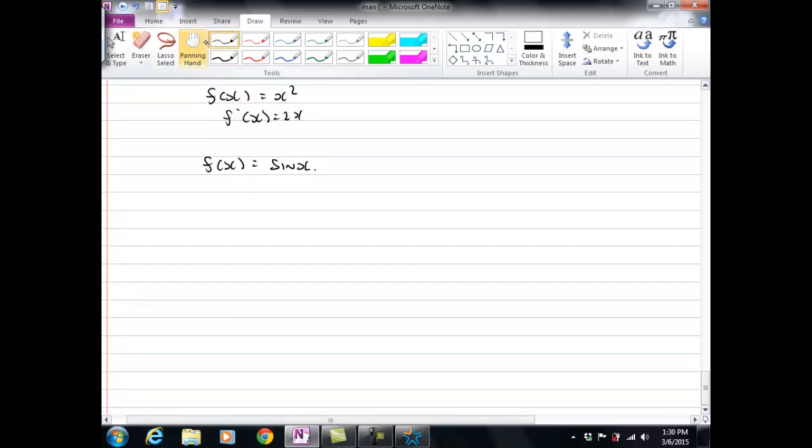First one, d dx of sine x. The derivative of sine is actually cos x. d dx cos x. Here you go. So some say, hey, so derivative of cos is sine x. You're actually correct.